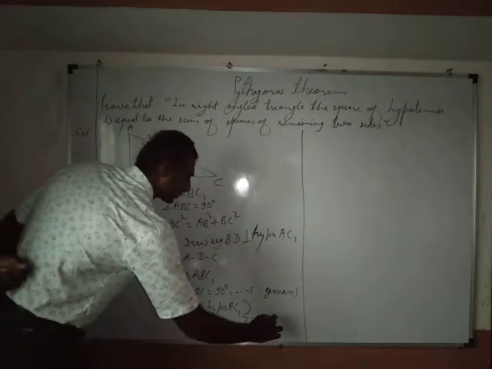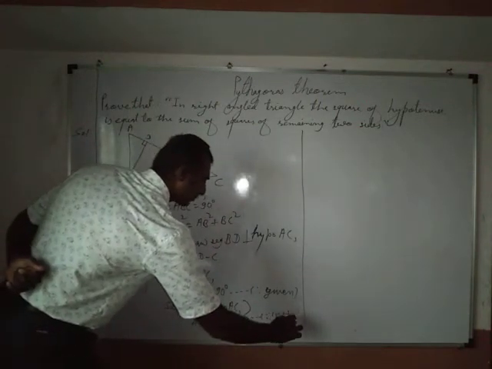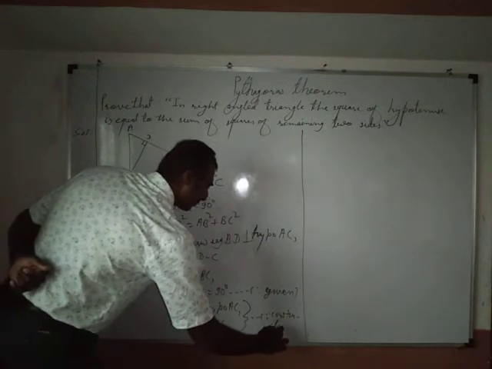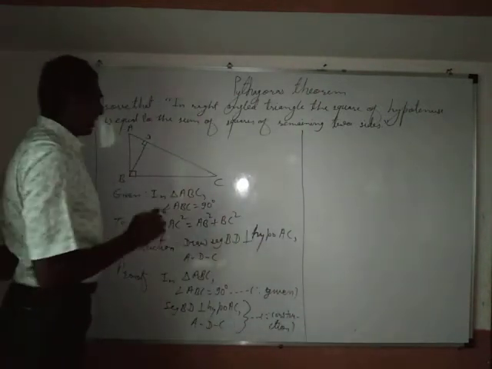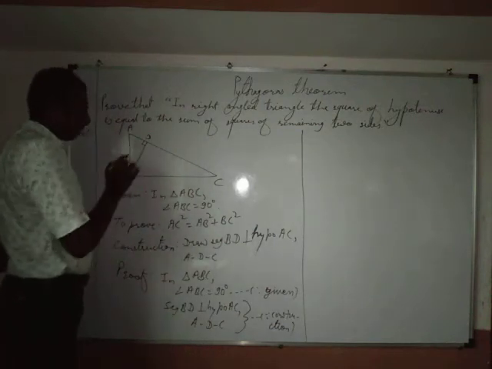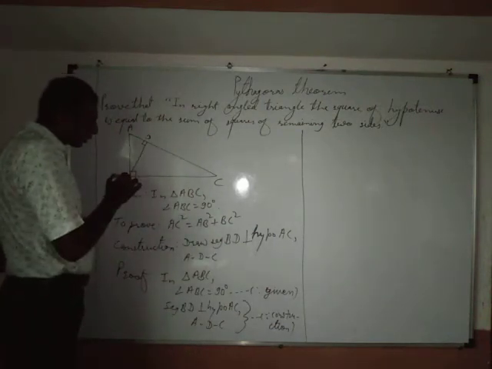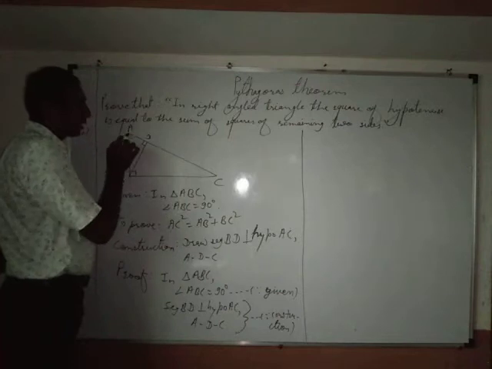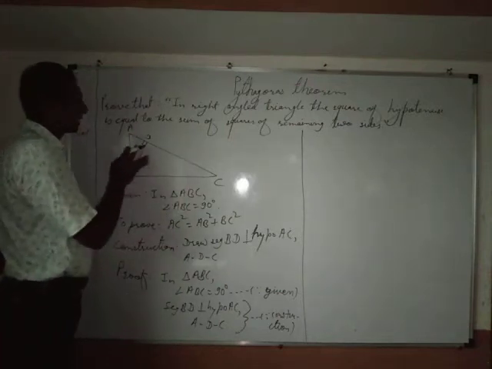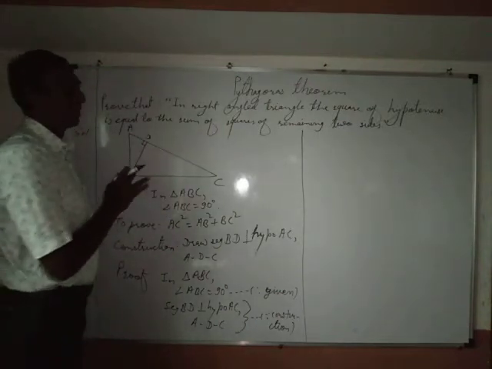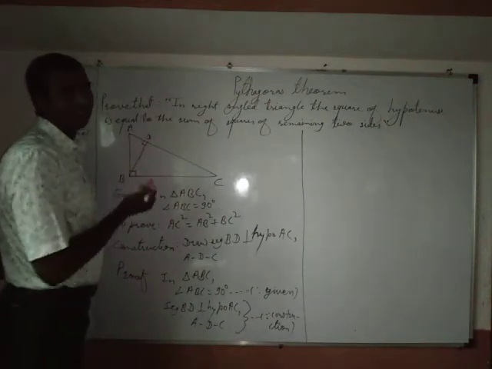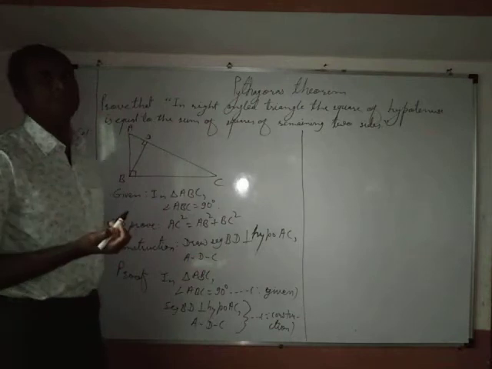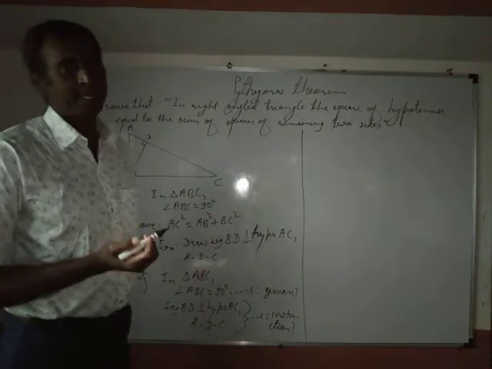Reason for this construction: we learned that in a right angle triangle, the perpendicular drawn from the vertex of the right angle to the hypotenuse divides the triangle into two triangles, and these triangles are similar to the original triangle and to each other, by similarity in right angle triangle.